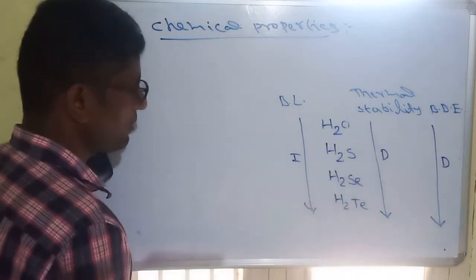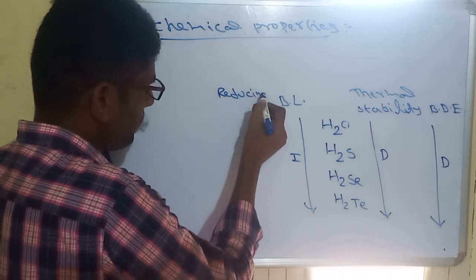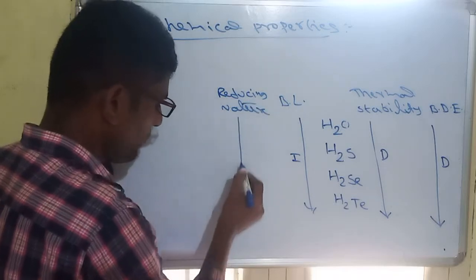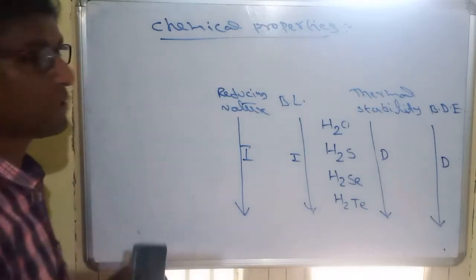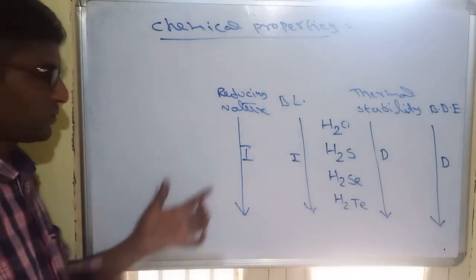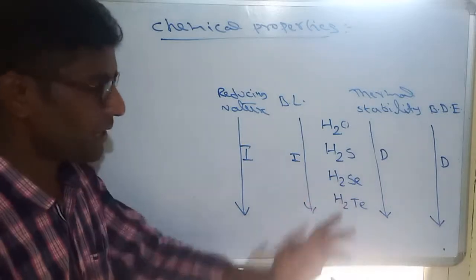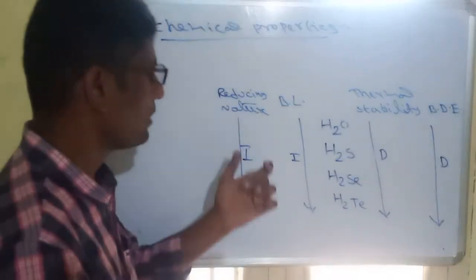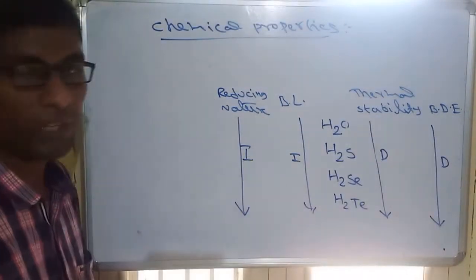That hydrogen losing tendency we call reducing nature. So the reducing nature increases from top to bottom. Reducing nature is nothing but the loss of hydrogen by the central atom. Any central atom losing hydrogen is called reducing nature. So the reducing nature increases from top to bottom.